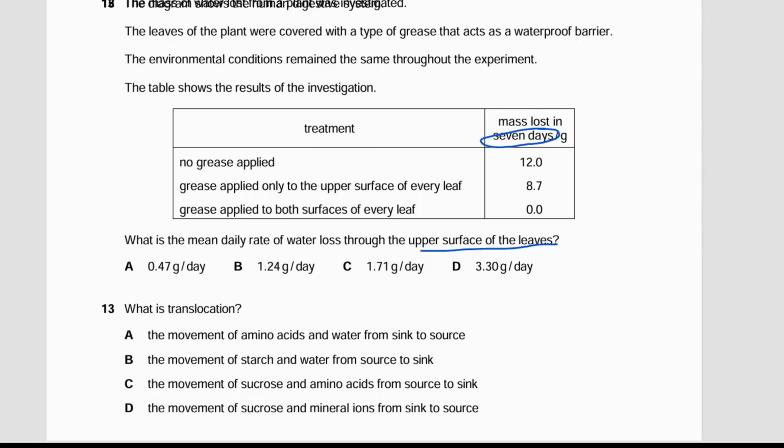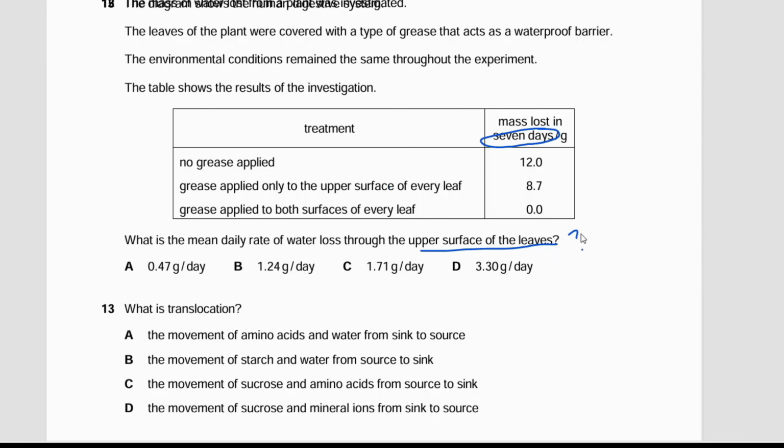Grease applied only to the upper surface. Okay. Done. So it's like that. The grease is applied only at the upper side, but at the lower they haven't mentioned it, so on the lower side there can be more water loss.